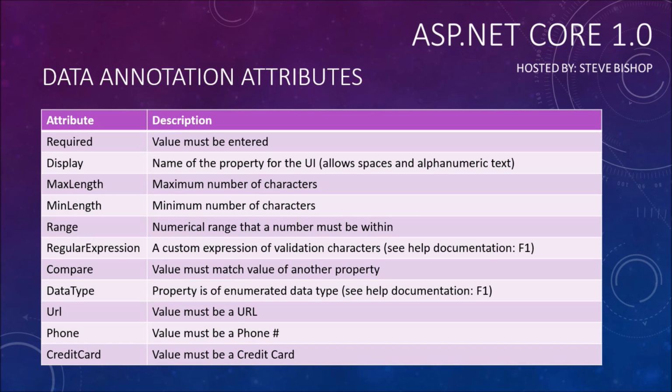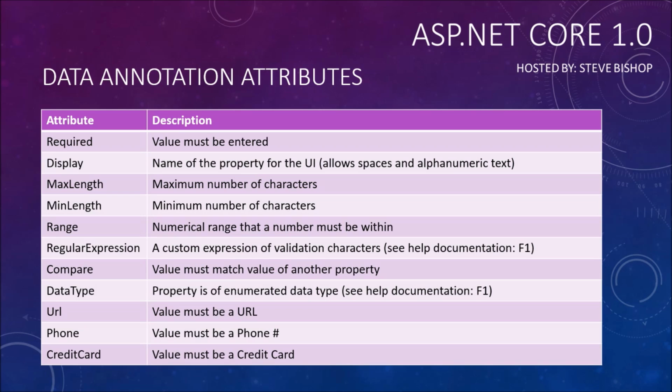So here's a list of various data annotation attributes you can add to the properties of your classes. The attribute names are pretty self-explanatory, except for a few exceptions, such as regular expression. Just to go down the list quickly, required means that the value for that particular property is required on that class. The display attribute is something we'll talk about when we get into views, but it essentially tells your views what the actual full name of that property should be.